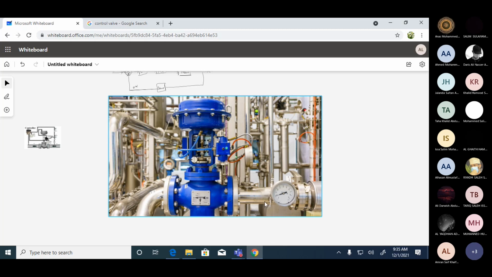This blue device is the valve, and the part which is coming in line with the pipe is called the valve body. And what you see on the top here is called a valve actuator. So basically the control valve consists of two parts, the valve body and the valve actuator.